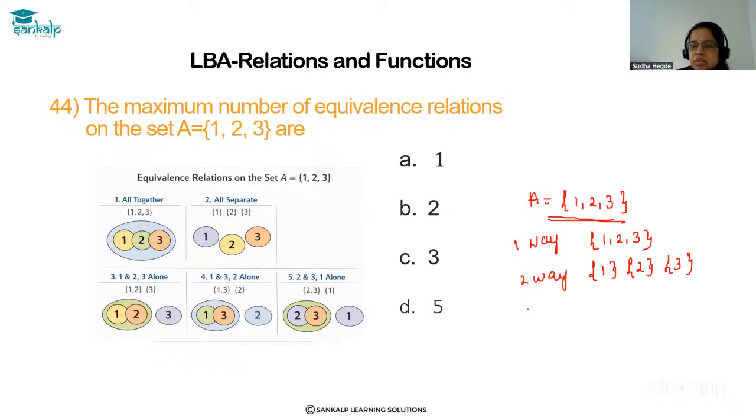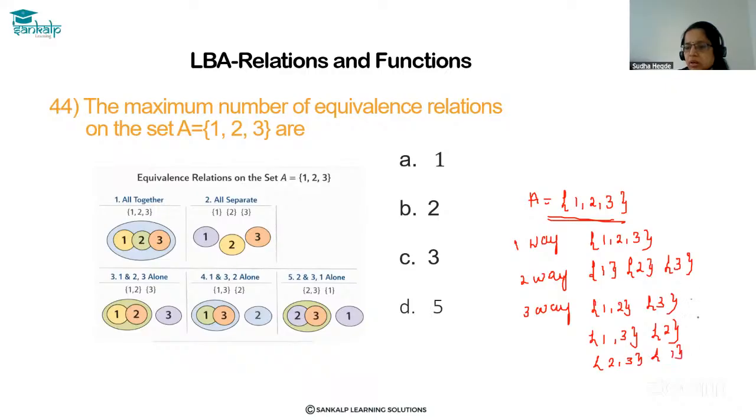Now, what's the third way? Third way, you can partition into two parts, one on one side, the other on the other side. So {1, 2}, {3}; {1, 3}, {2}; {2, 3}, {1}.